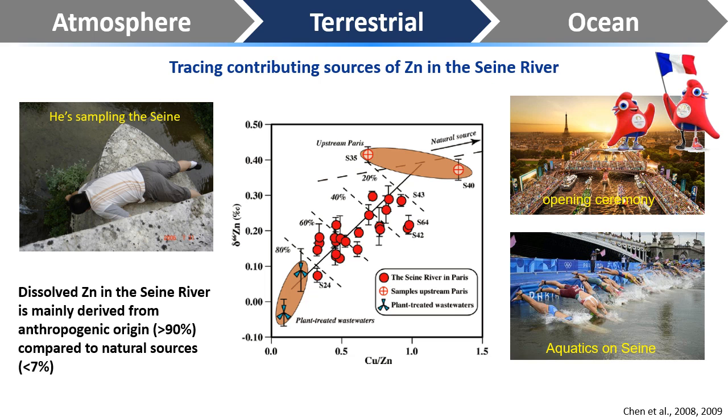And I just want to mention that the preparation of the 2024 Olympic Games in Paris had started, for example, in 2006, when you can see in the picture he's sampling the Seine. And the result actually helped, to a certain extent, to guarantee the opening ceremony on the Seine and some aquatics on the Seine River.